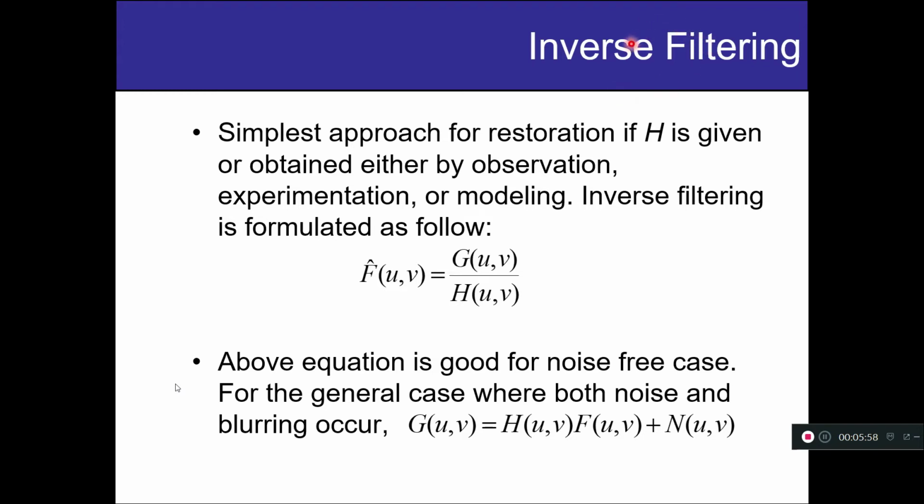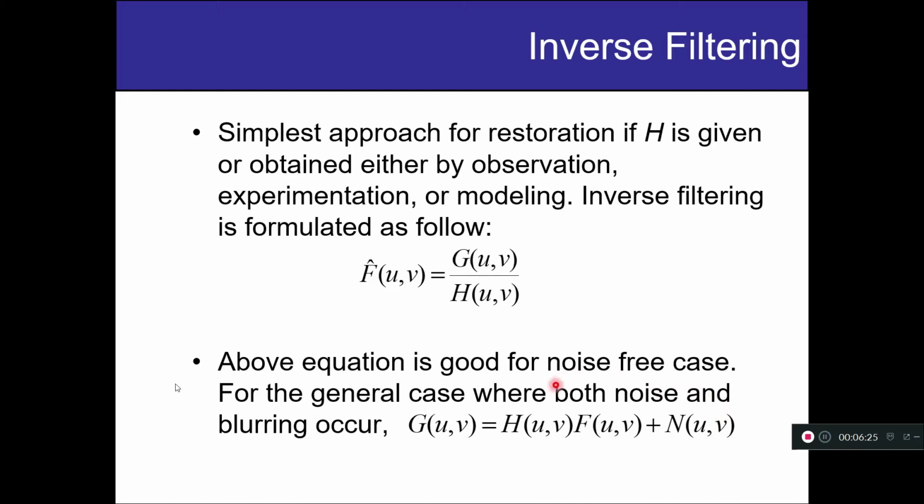It's not just tackling the second case, where your image G is only affected by the blurring function, it can also solve the third part, where your image G is affected not only by the blurring function but also by additive noise.